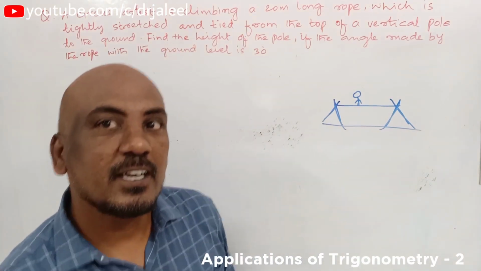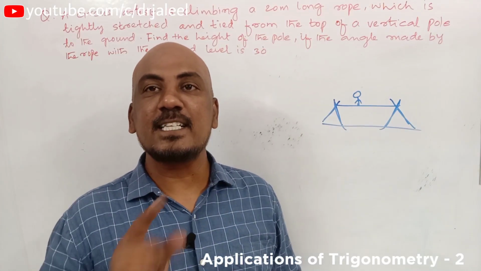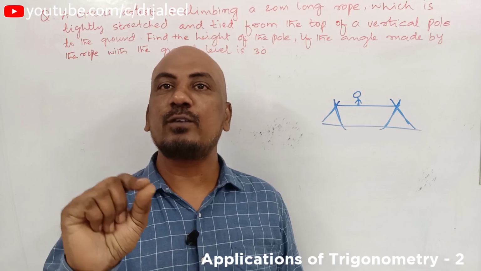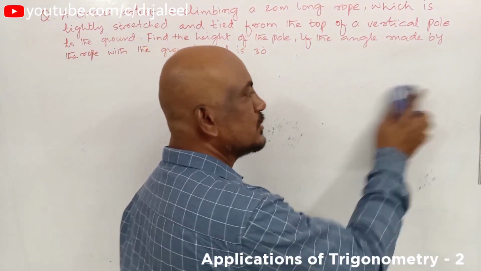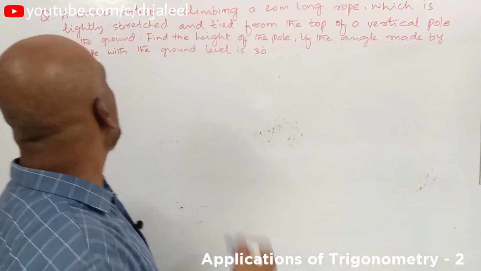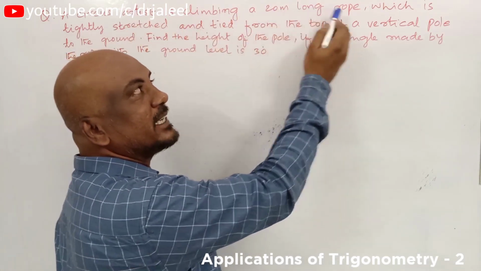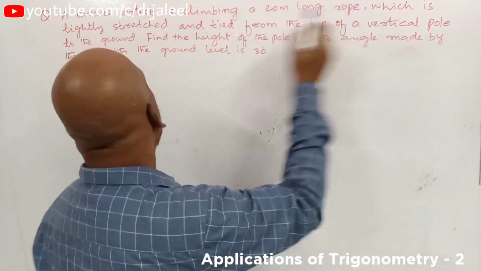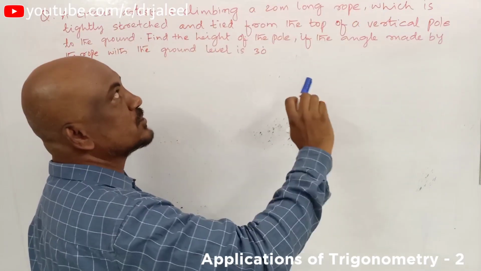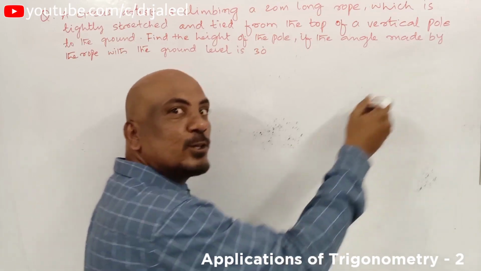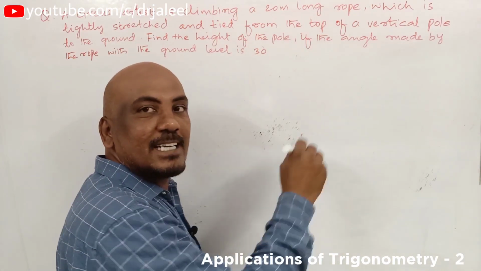But in the question it is given something. That's the reason I tell you, read the complete statement and then go for the diagram. So let us see, here what is given? A circus artist is climbing a 20 meters long rope which is tightly stretched and tied from the top of a vertical pole to the ground. It's not of two poles.